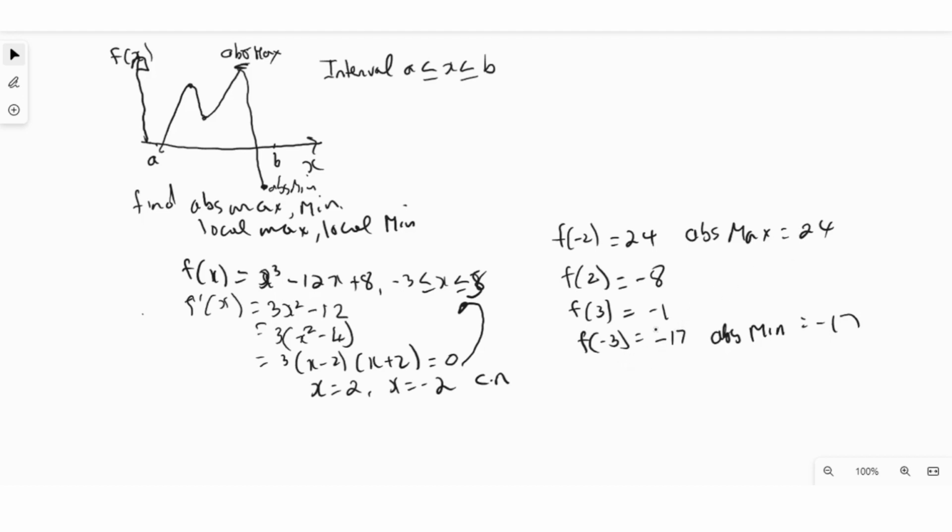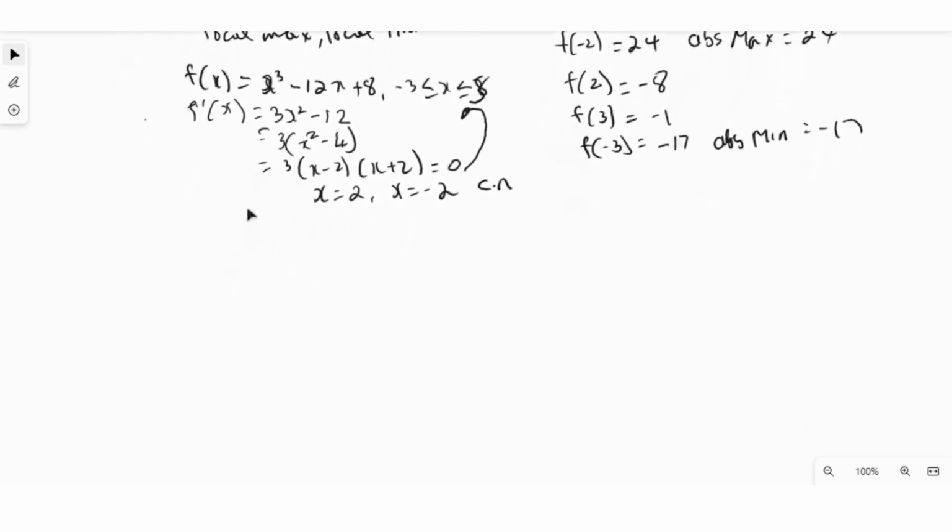Okay, now we have absolute maximum, absolute minimum, so we have to find local maximum and local minimum. To find local maximum, local minimum, we have to have a chart. So we have the factored form here, 3, x minus 2, and x plus 2. So the values which make this equal to 0 are 2 and minus 2.